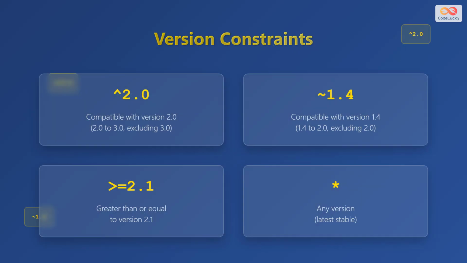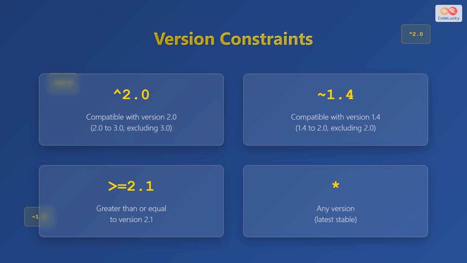When specifying packages in your composer.json file, it's important to use version constraints. Version constraints allow you to define which versions of a package are compatible with your project. Here are a few common examples. The caret symbol followed by 2.0, such as ^2.0, indicates compatibility with version 2.0, meaning versions 2.0 up to but excluding version 3.0.